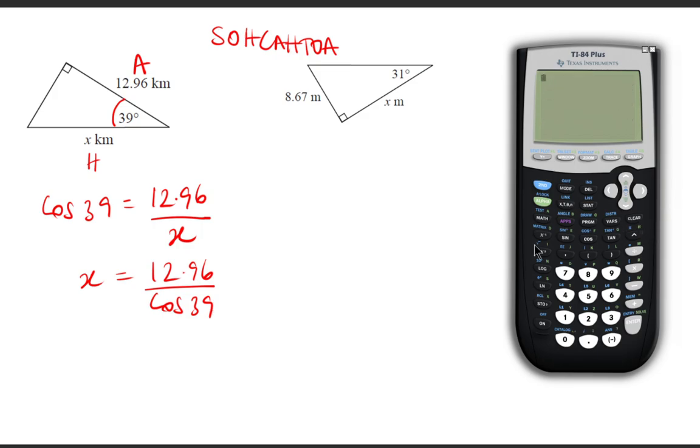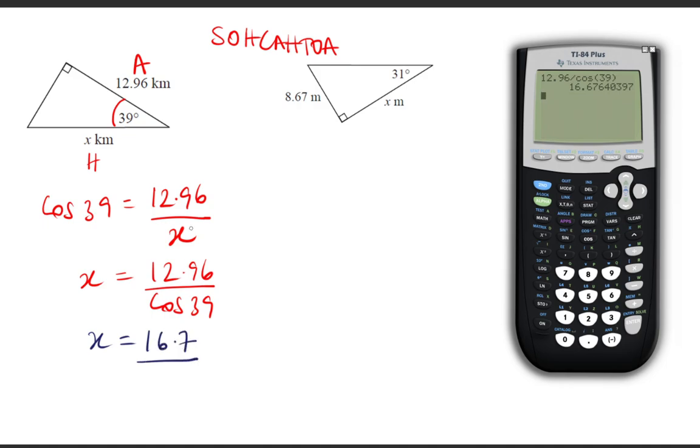So slightly different this time that you end up dividing by the cos. Okay, so 16.67. So 16.7.